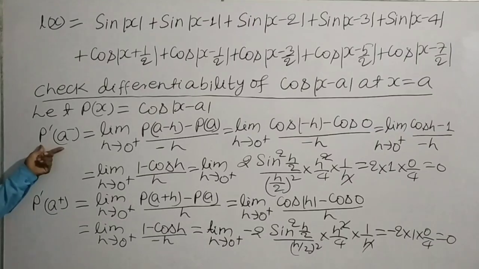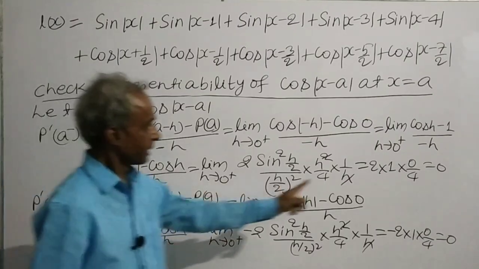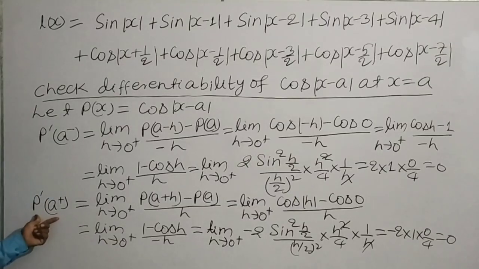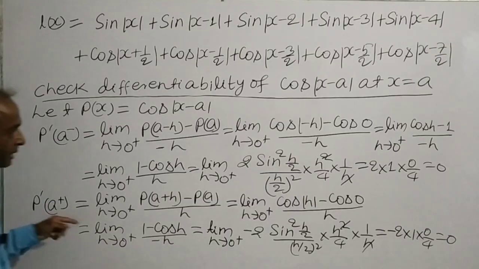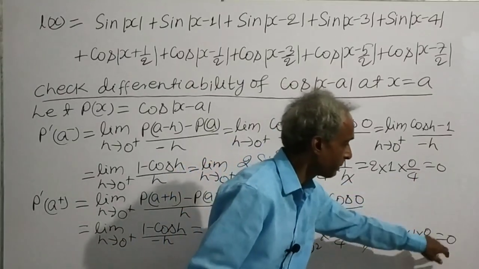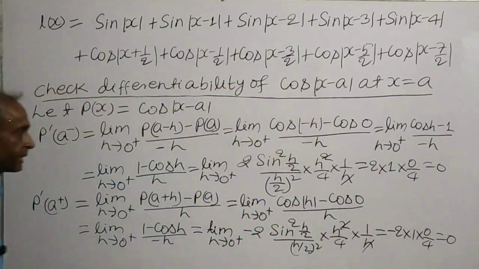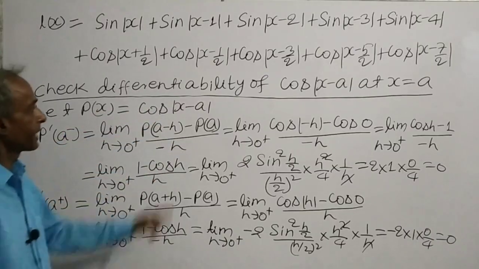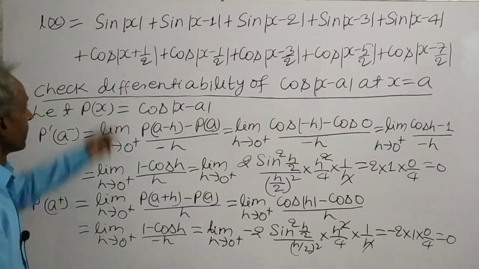Left hand derivative is 0. Right hand derivative is 0. Left hand derivative is equal to right hand derivative. Therefore, Px is differentiable at x is equal to a.